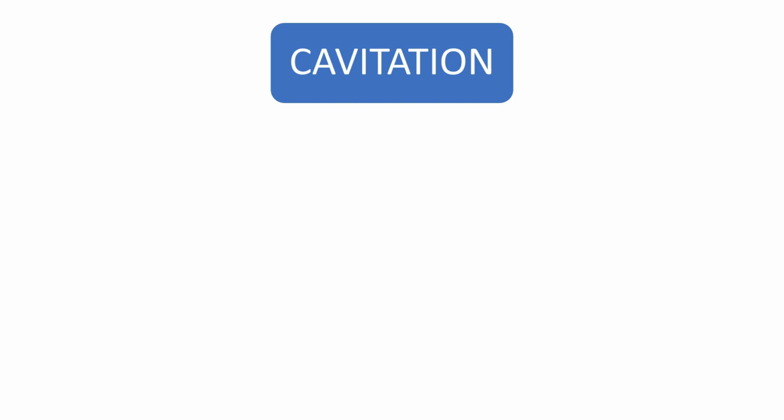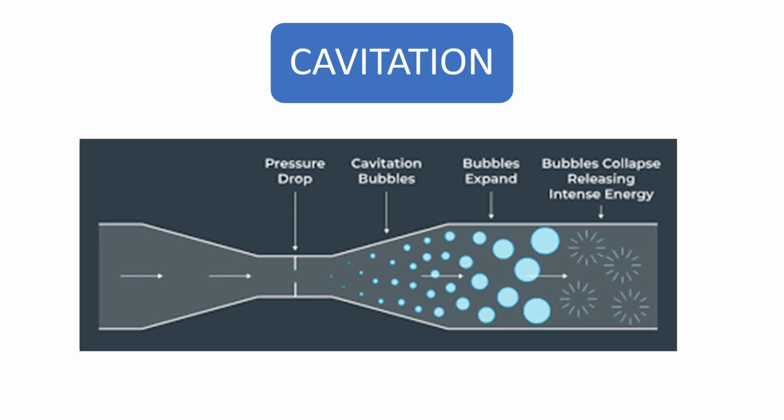So what is cavitation? Once you have understood what is vapor pressure, what is evaporation, and what is boiling, let us see what is cavitation. Cavitation is one of the important things you need to know in fluid mechanics. Cavitation is defined as the process of formation of vapor phase of a liquid when it is subjected to reduced pressures at ambient temperature.